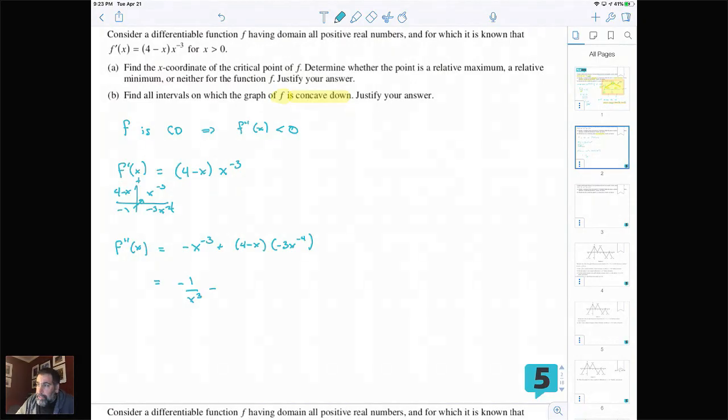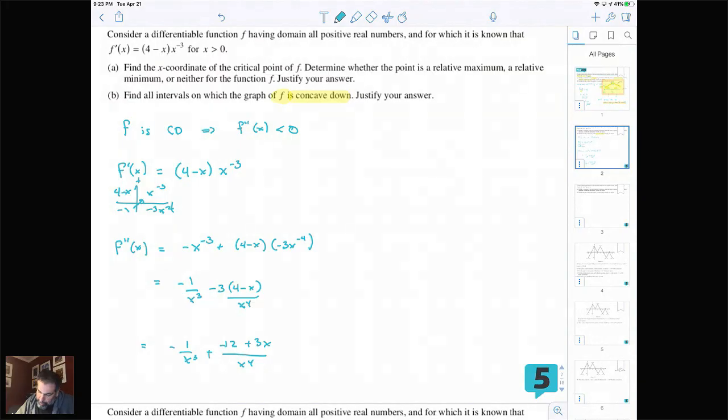So that's going to turn into negative 3 times x minus 4 all over x to the 4th, which is negative 1 over x cubed, plus negative 12 plus 3x over x to the 4th.